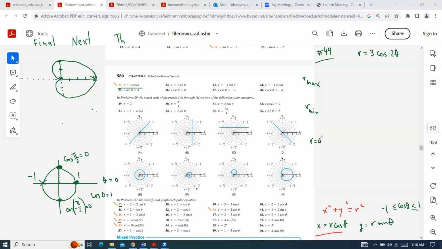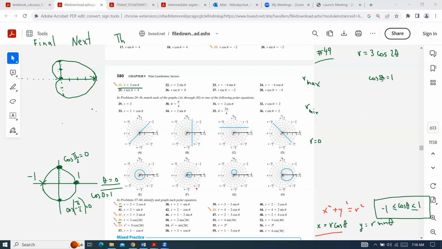So these 3 things. And maximum will be when cosine of 2 theta equals 1, right? Because cosine always varies in between negative and positive 1. So usually it's either plus or minus. So cosine of 2 theta is equal to 1. We already know when theta is equal to 0.